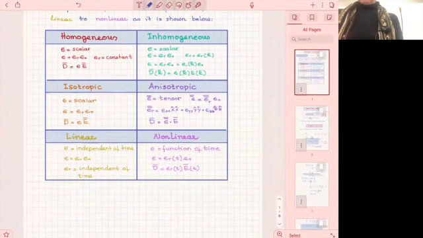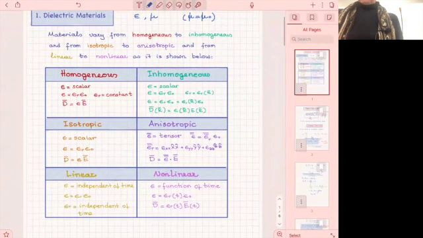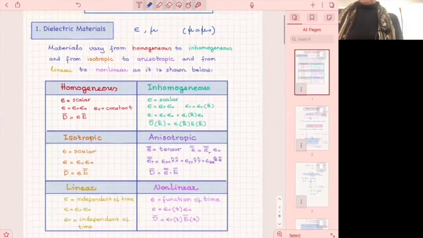All right, so we have a number of different dielectrics on the basis of how the dielectric itself changes. There is one constant that we use to characterize how the dielectric behaves. That is epsilon.